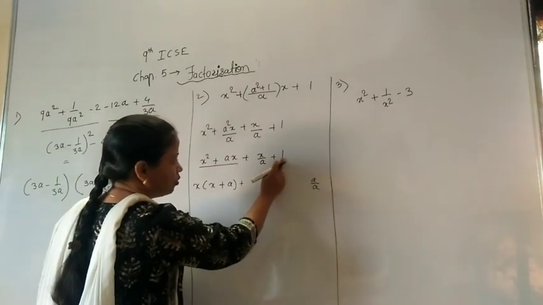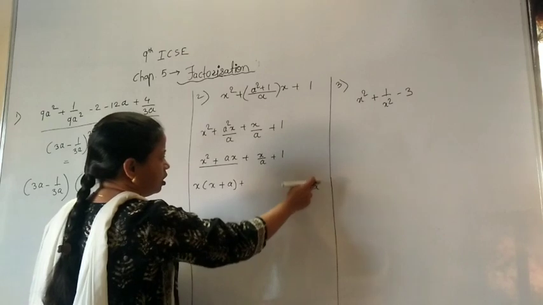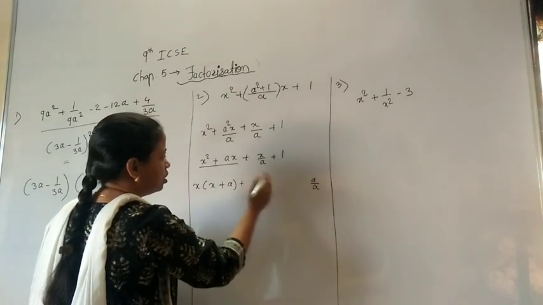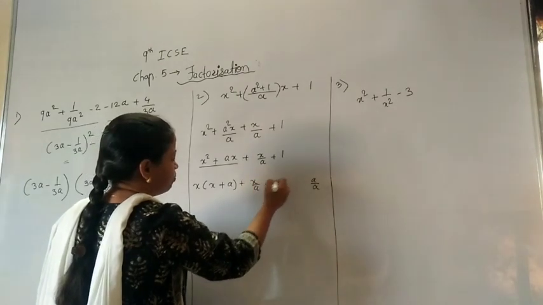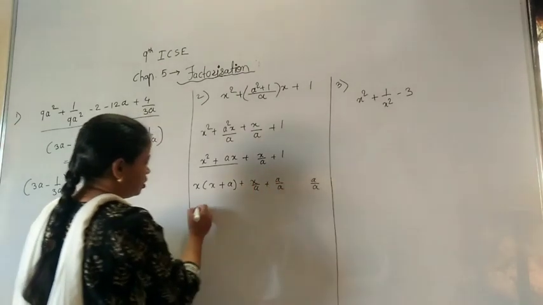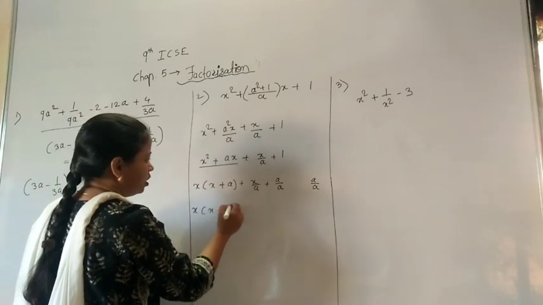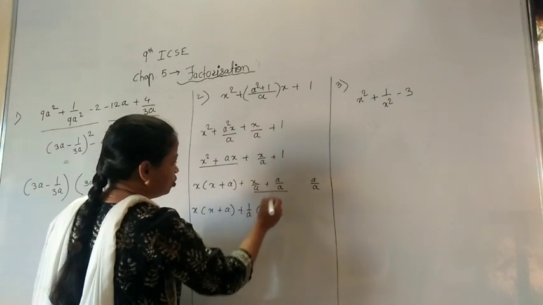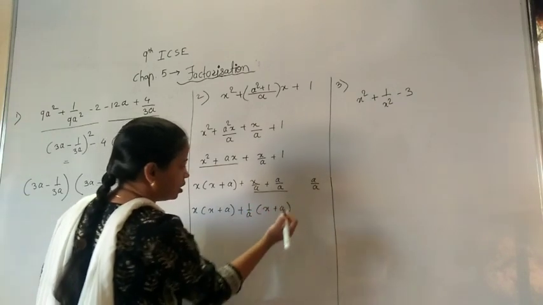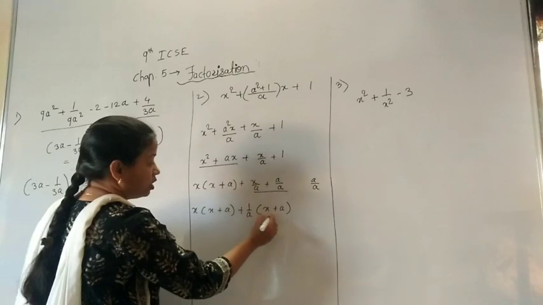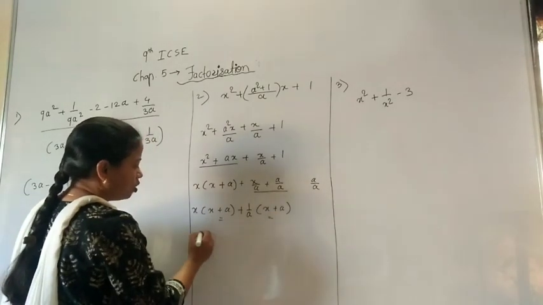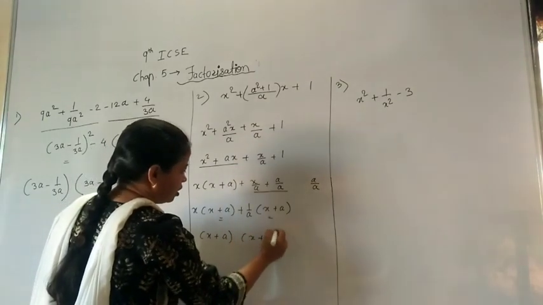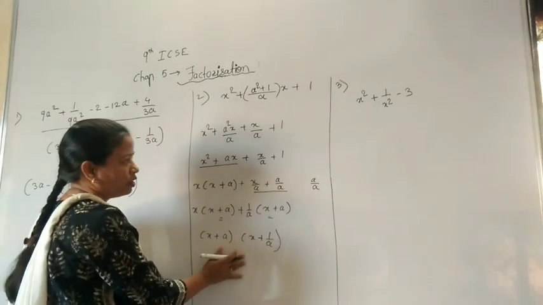This one we have to split into a upon a, and after splitting we get 1 again, so that we can take the common thing. So x upon a plus a upon a. So here x plus a, from this I will take common 1 upon a, so that x plus a is remaining. Now taking x plus a common, x plus a and x plus 1 upon a. This is the factorization.